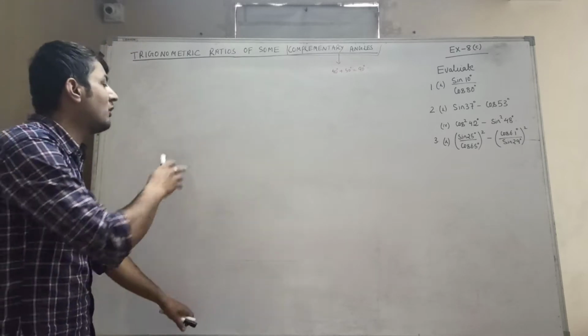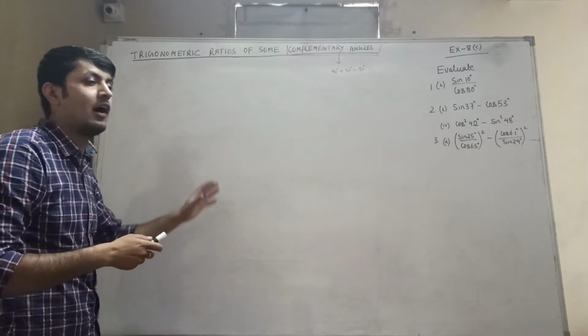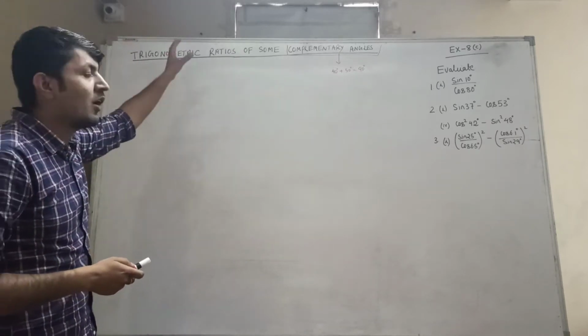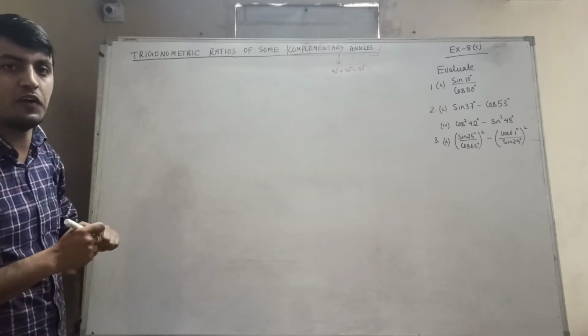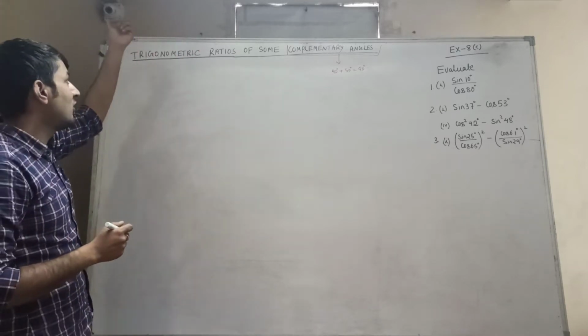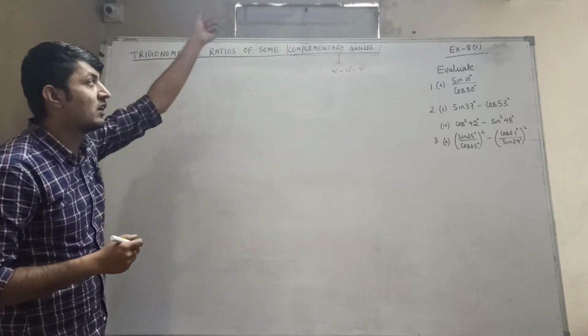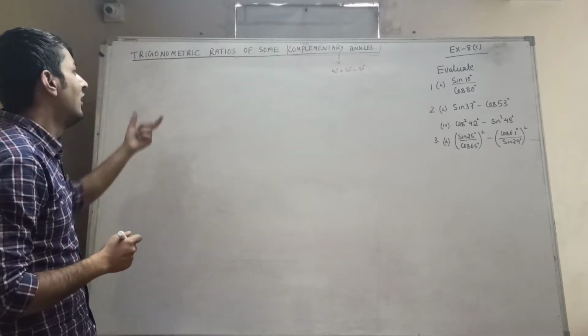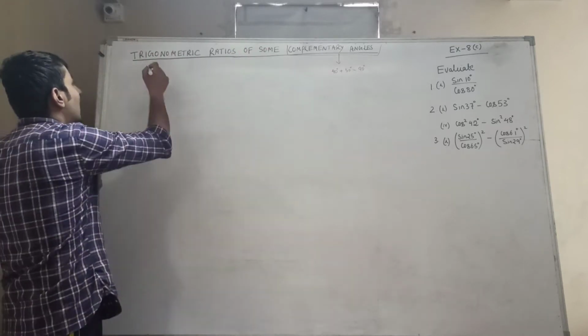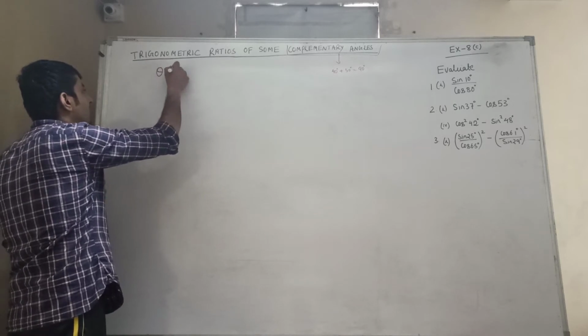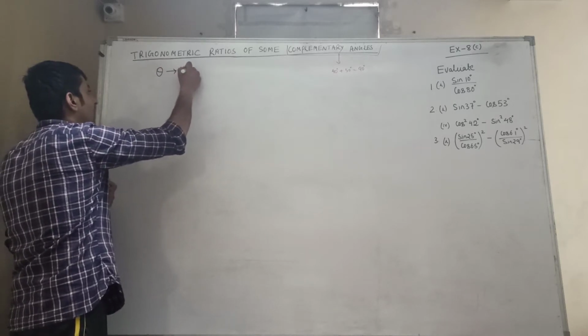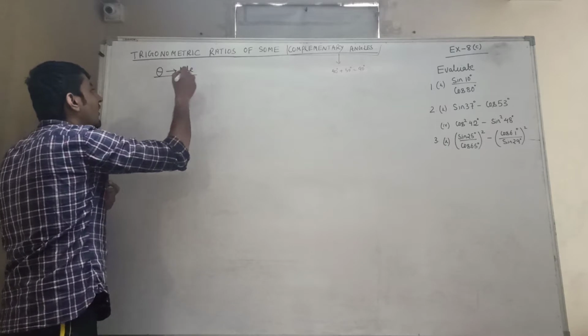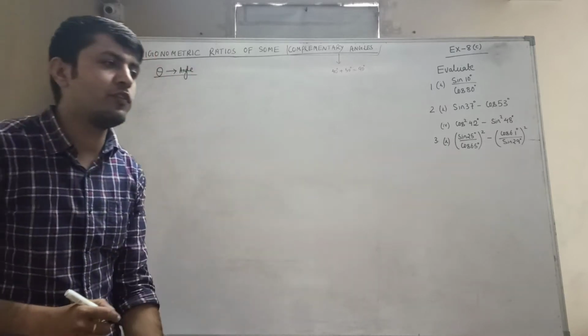So how to use your complementary angle here in your trigonometric ratio? Let me write down some formulas. Suppose your angle is theta. Now how to write down the formula?